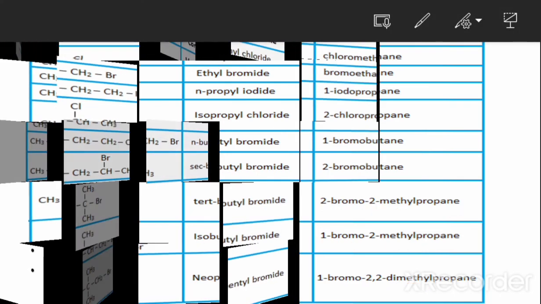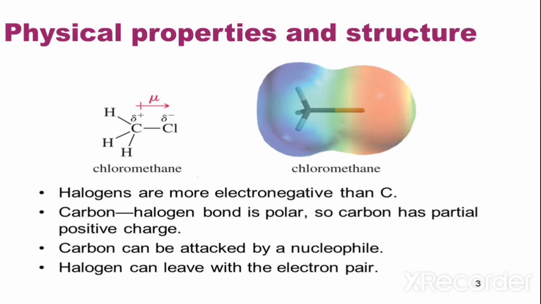So the next is physical properties and structure. Firstly we will discuss the structure. We have taken a simple alkyl halide, that is chloromethane or methyl chloride. This is the structure, and this is because the halogens have higher electronegativity than carbon.